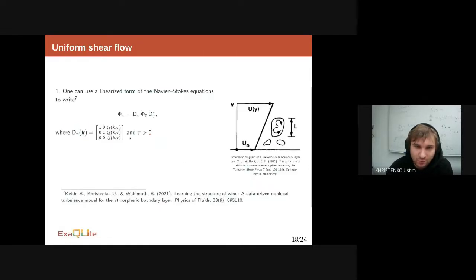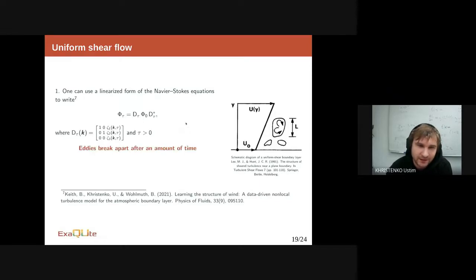So what can we do better? First, we proceed in the same way with rapid distortion theory, introducing the shear, and then we also introduce an eddy lifetime variable. The principle is that an eddy breaks after some amount of time, and the lifetime depends on the size of the eddy.